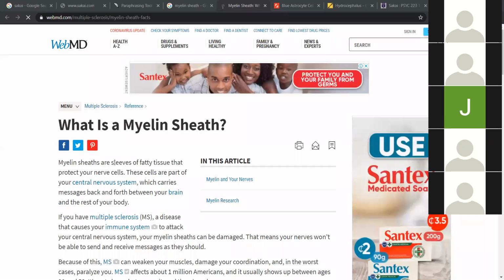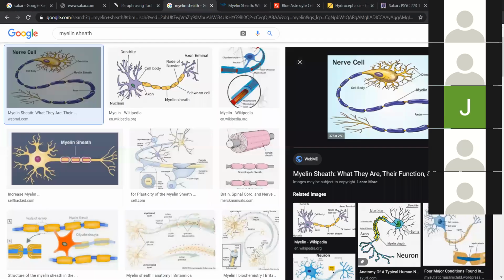All right, so this is a typical myelin sheath. I hope all of you can see it. This same structure, when you find it within the brain and the spinal cord, we call it oligodendrocyte.